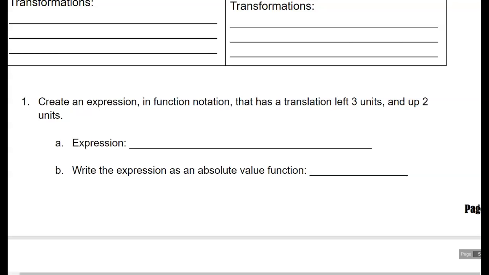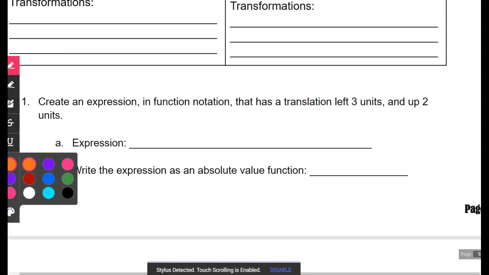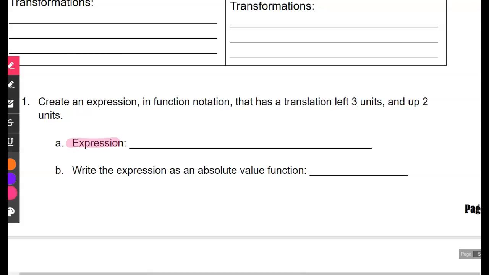Now, it says, create an expression in function notation that has a translation left 3 units and up 2 units. And then it's asking for you to write this as an expression. Now, who knows what's the difference between an equation and an expression?